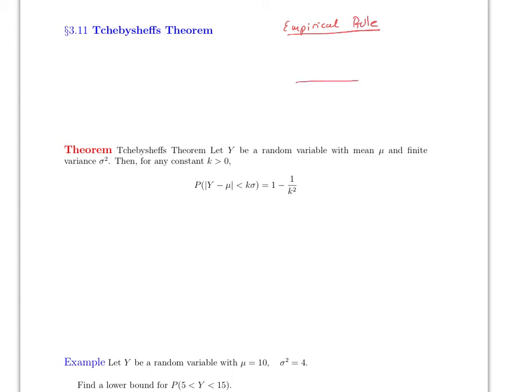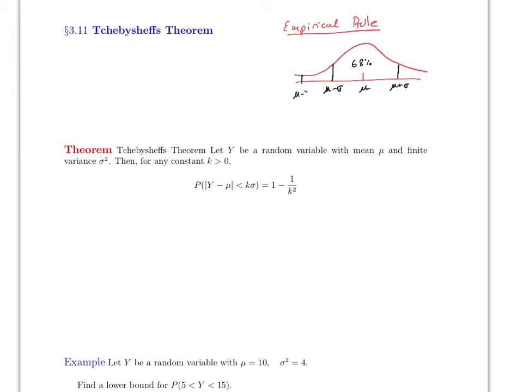But the empirical rule says the following, which most of you have already seen, just to refresh your memory. If you have the mean and you move one standard deviation to the right and one standard deviation to the left, you should have around 68% of the probability or the area.